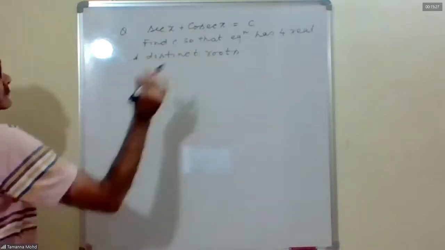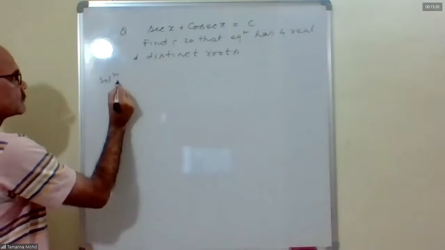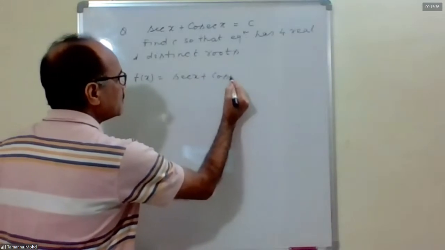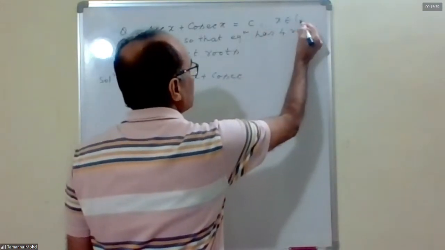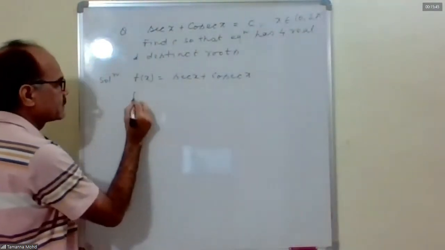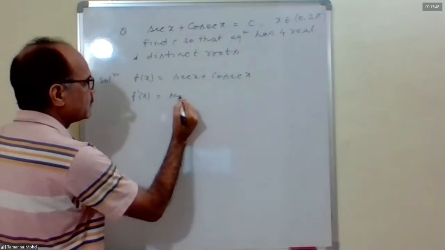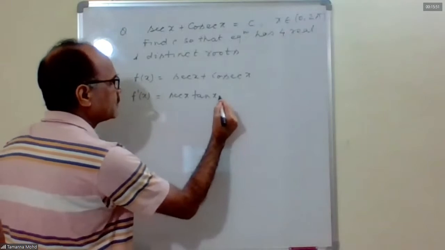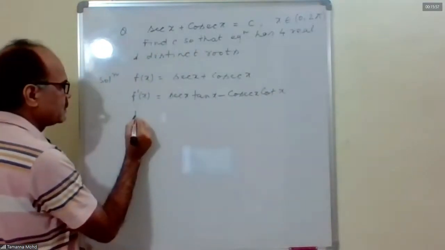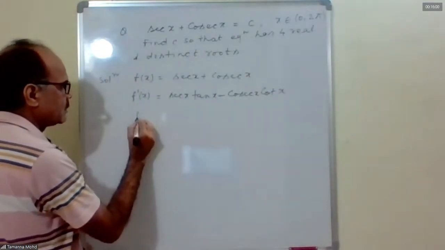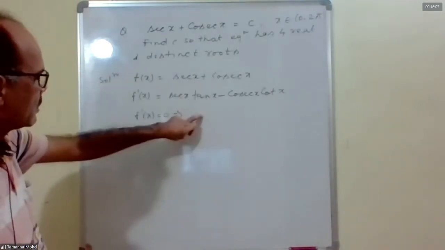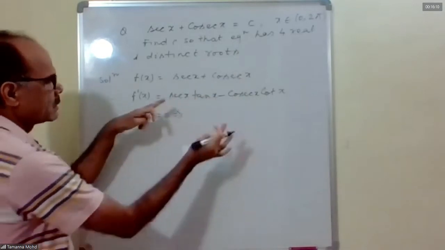In this, suppose f(x) equals secant x plus cosecant x, x belongs to 0 to 2 pi. f dash x is sin x minus cos x.